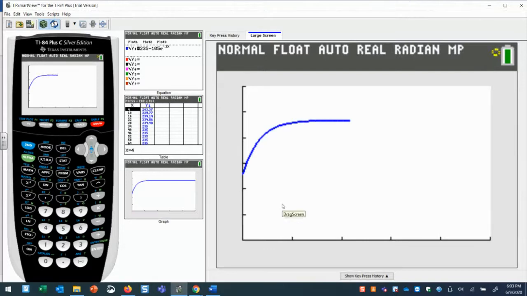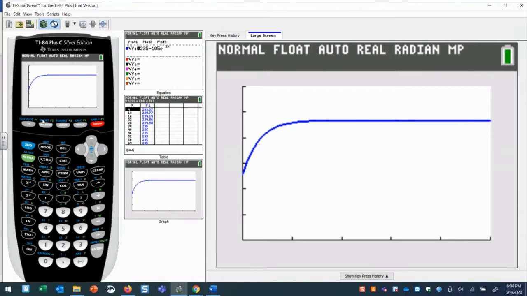This graph looks familiar. It increases rapidly at first, then the rate of increase slows down, and then it reaches a limited value. So we can tell that this graph has a limited value. Let's look at our table of values. Let's set our table from 0, going by increments of 10, as the problem says.